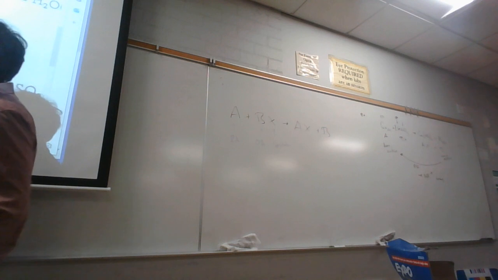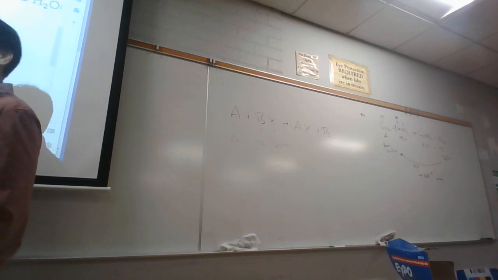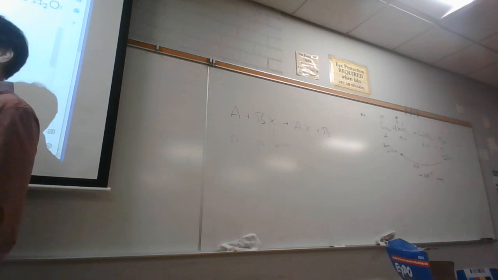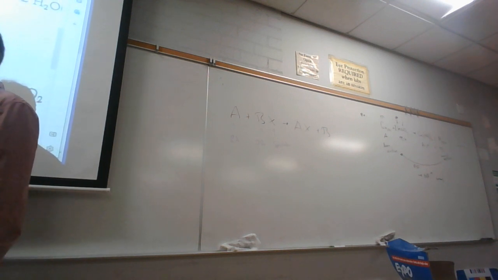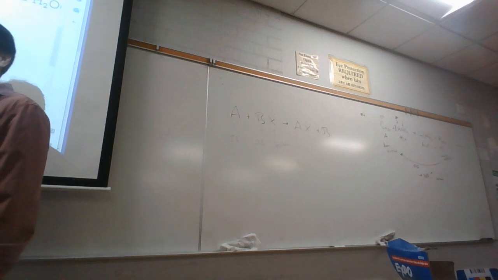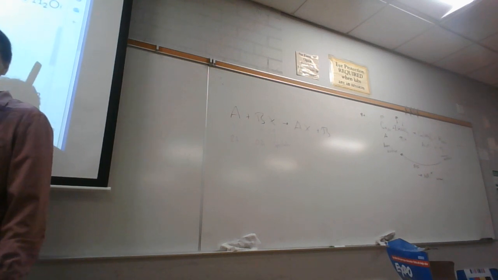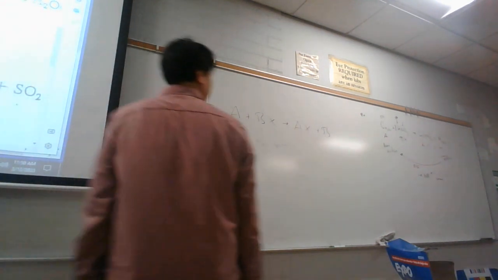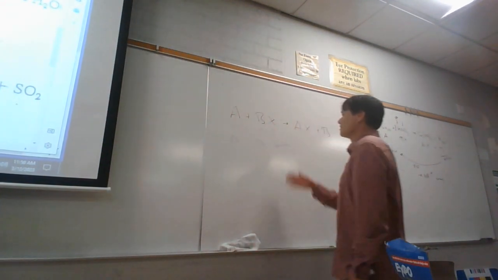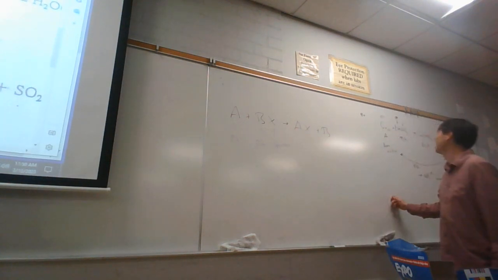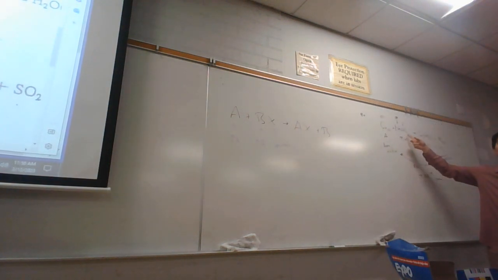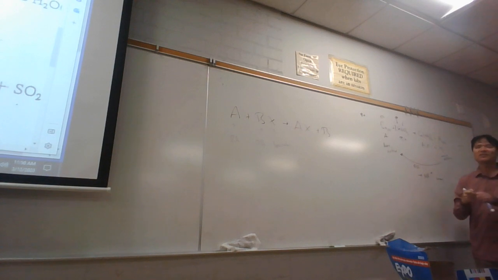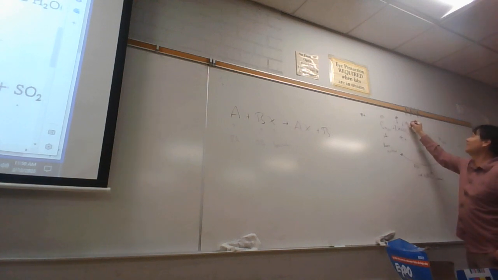Because where's nitrate? Here. Where's H plus? Down there. Which one's a stronger oxidizer? I know, nitrate. Do you think nature is going to care about how you assign the roles? No, nature is just going to be unpredictable. But we should be able to predict that nitrate's not going to be happy as a spectator. Do you think nitrate's going to be happy as a spectator? No, this is completely misassigned.